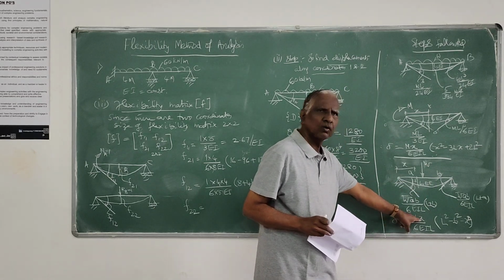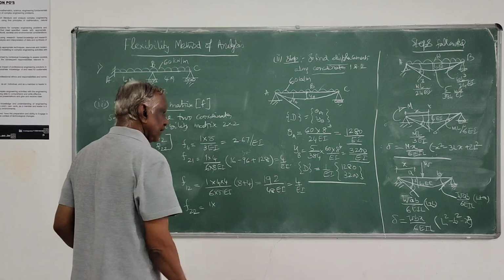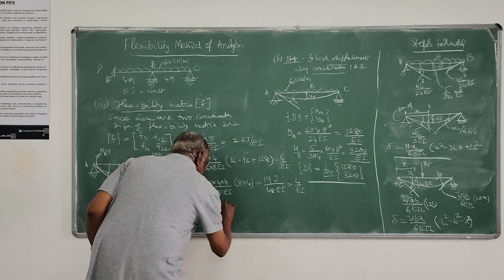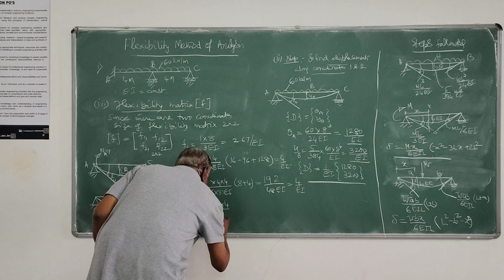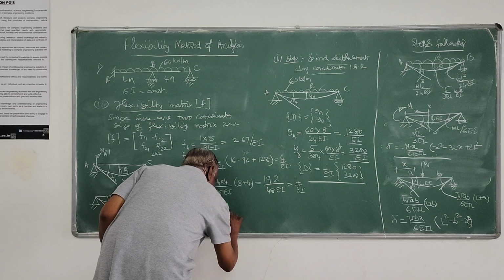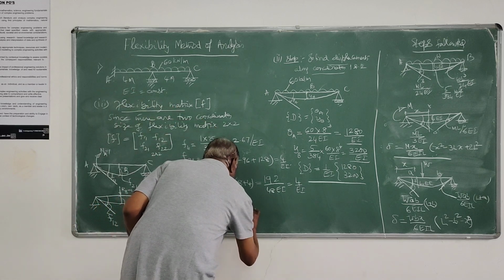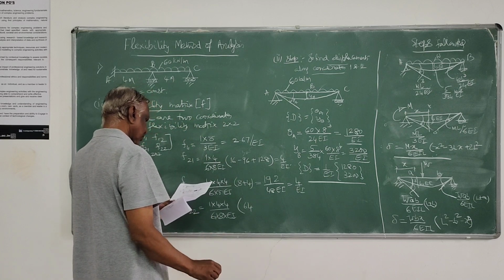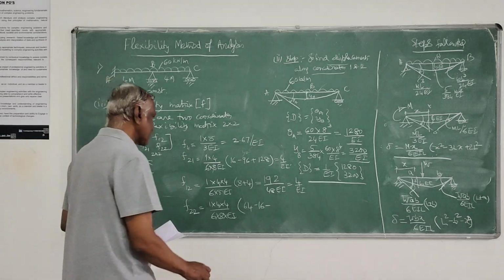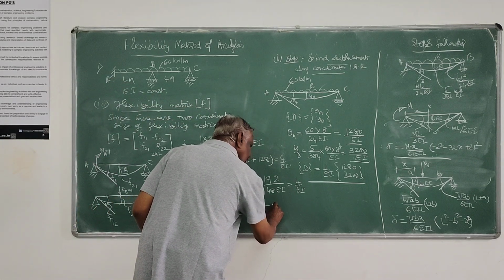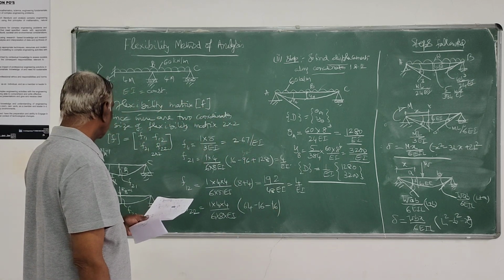So x is equal to 4 meters, you can substitute. W is 1, B is 4 meters, x is also 4 meters, both are 4, divided by 6 into 8, 8 is L, 6 into 8 into EI, multiplied by L square, that is 64, minus B square is 16, minus X square is 16.